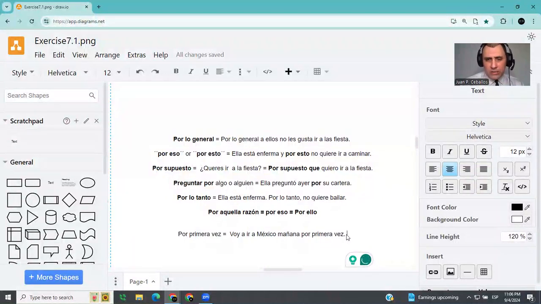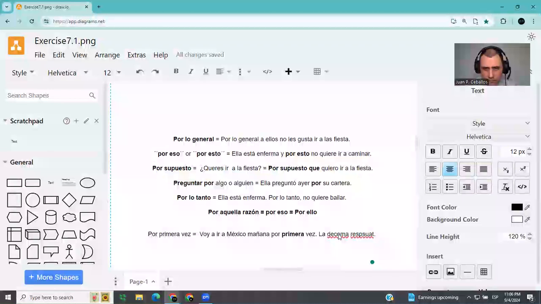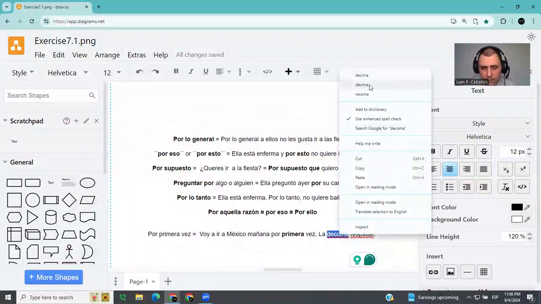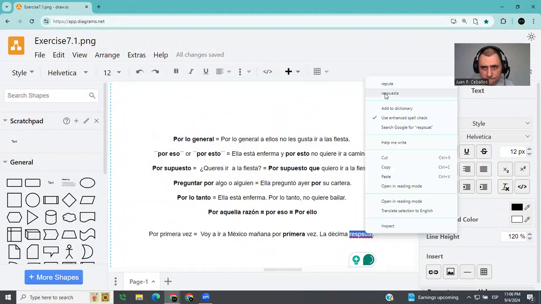Now, normally in Spanish, this is an ordinal number. Normally in Spanish, you only use ordinal numbers up to number 10. After that, you use cardinal numbers. For example, you say la décima respuesta. La décima respuesta.